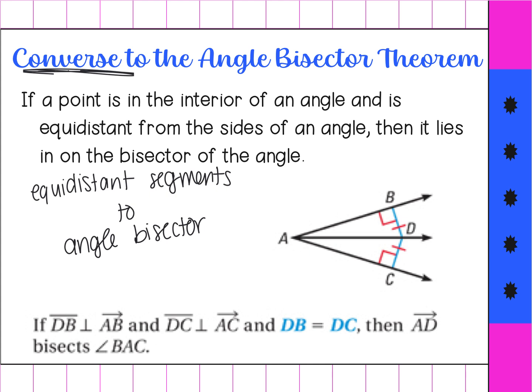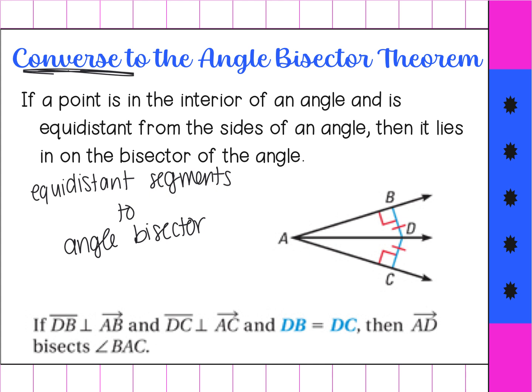Okay, so reading this one, if a point is in the interior of an angle and is equidistant from the sides of an angle, then it lies on the bisector of the angle.